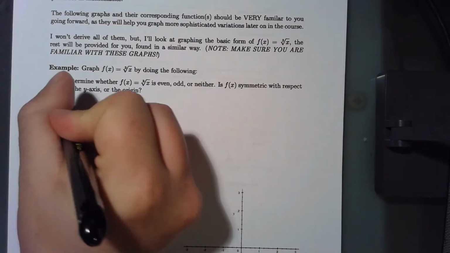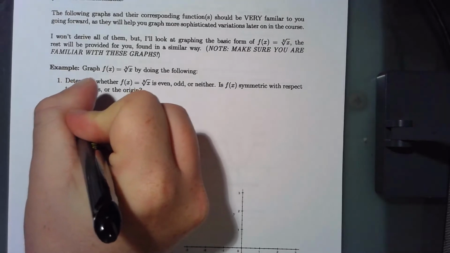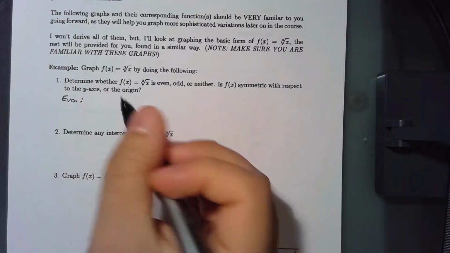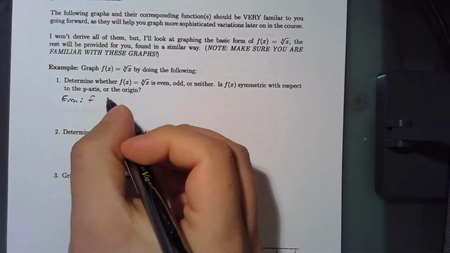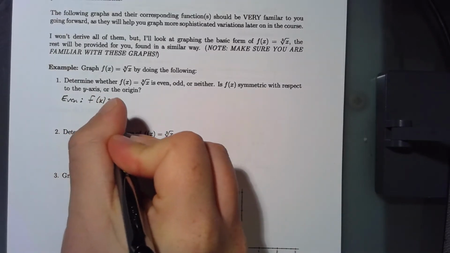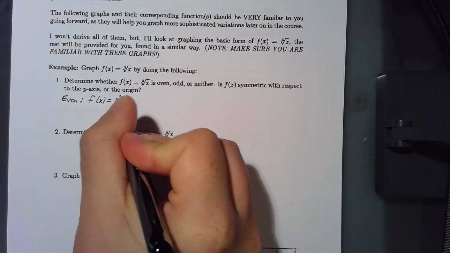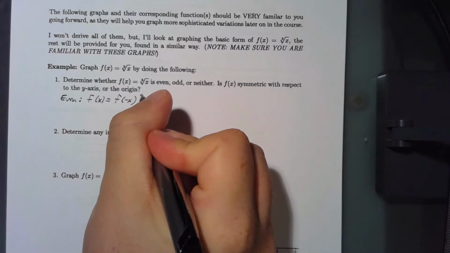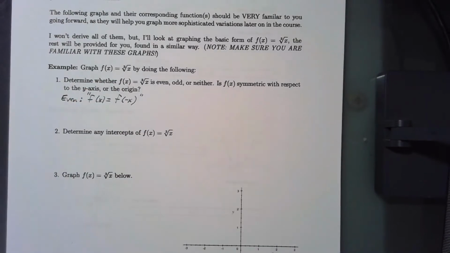So we know how to look at whether a function is even or not, right? We do this: f of x equals f of negative x. That's how we check to see if something is even.